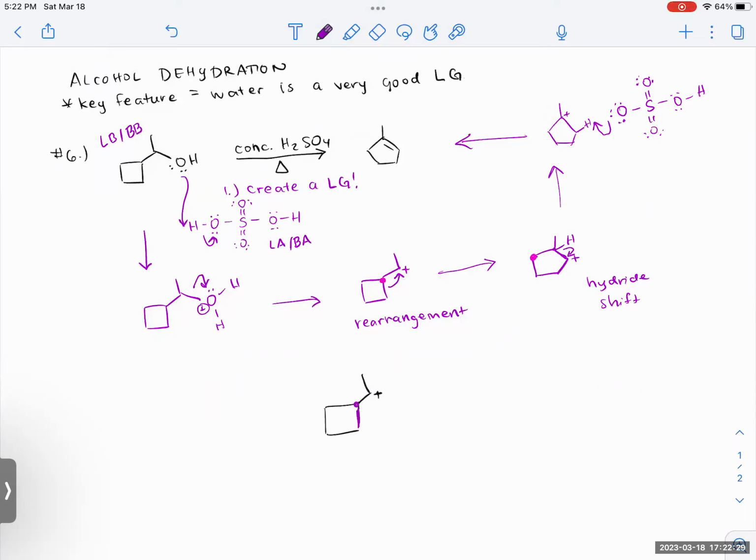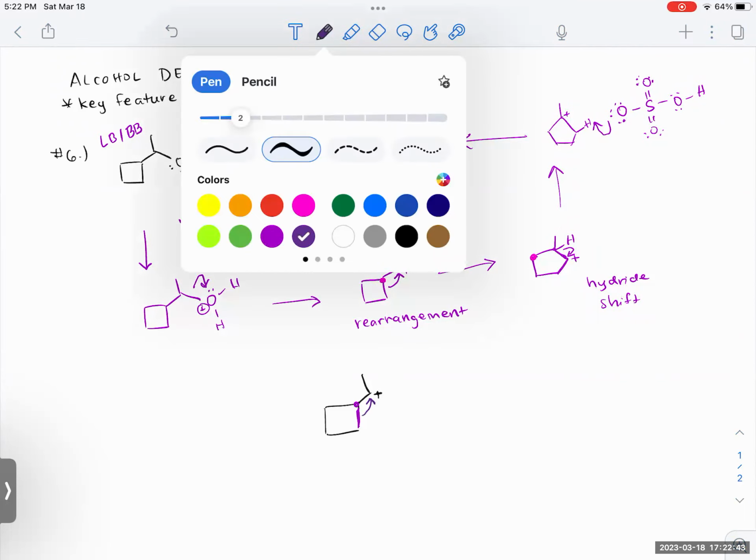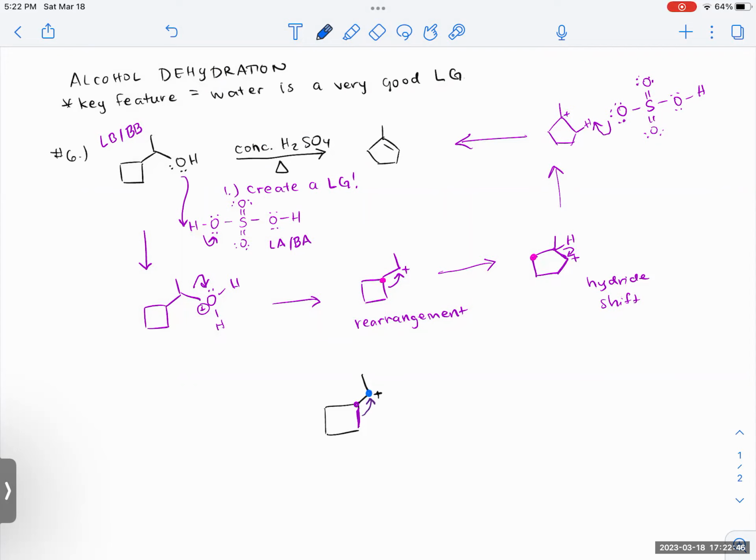We'll make that line purple. Purple is going to come bond with this carbon, and we'll make this one green.